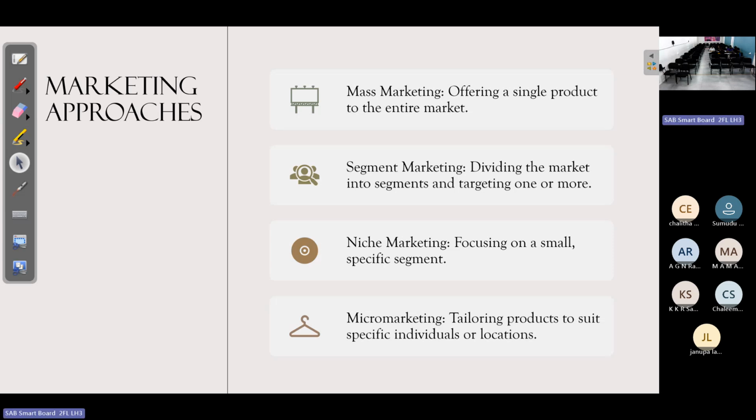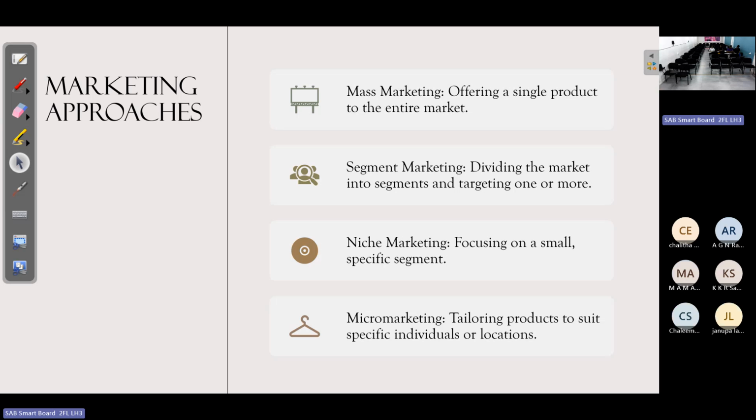Then the third one we have is niche marketing. In segment marketing, we divide the market into different segments and reach several segments. Niche marketing means we select one segment or a small number of customers. We call it focus marketing as well. Rather than serving several segments, we select one.